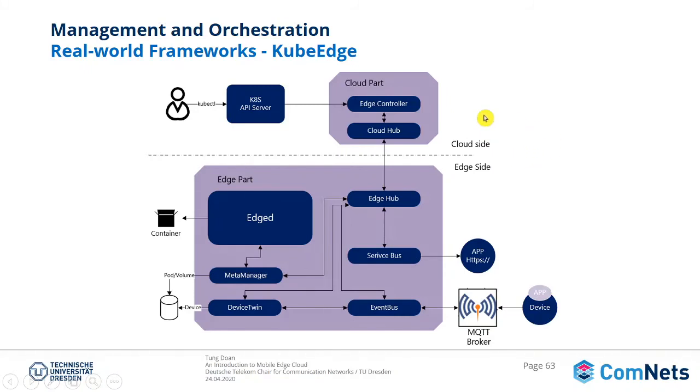On top we can see the cloud side, and in the lower layer we can see the edge side. On the cloud side, KubeEdge uses the Kubernetes interface, and it can manage the containers via the interface with the edge side.